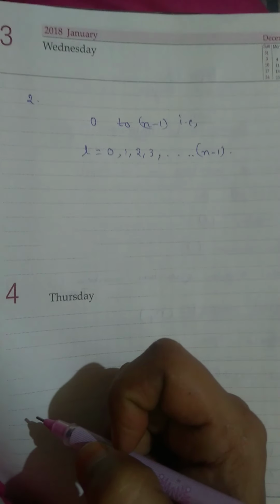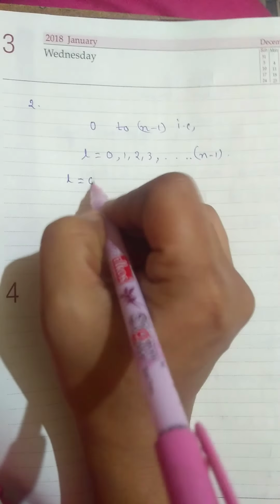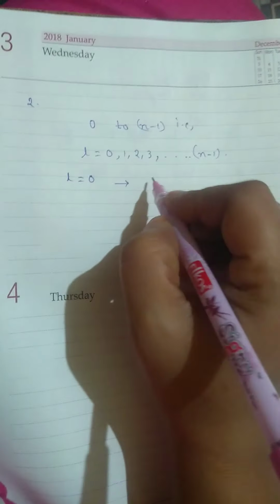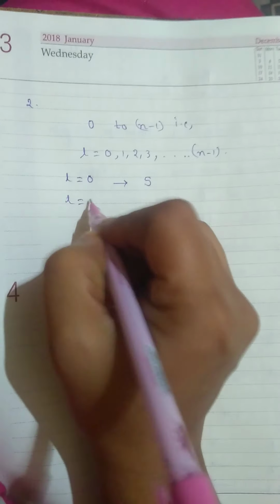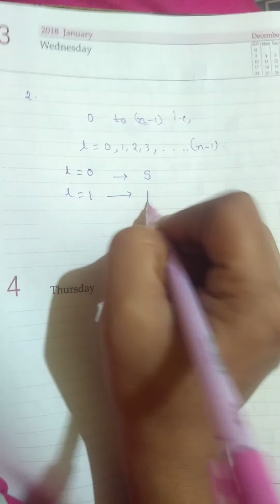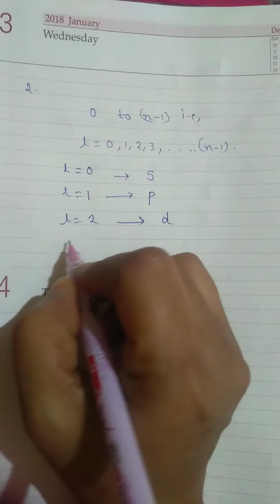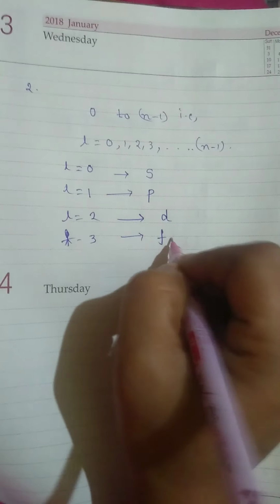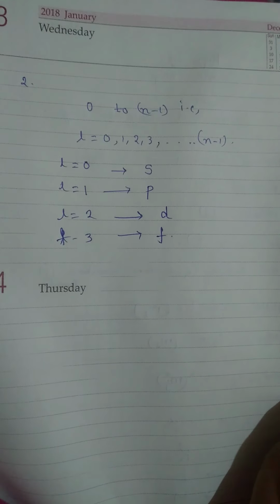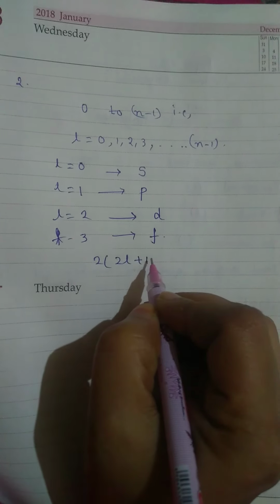If l is equal to 0, the subshell is small s. If l is equal to 1, the subshell is p. If l is equal to 2, the subshell is small d, and if l is equal to 3, the subshell is small f respectively.